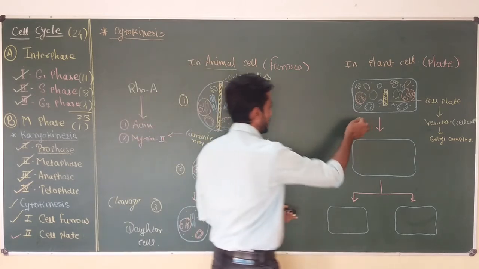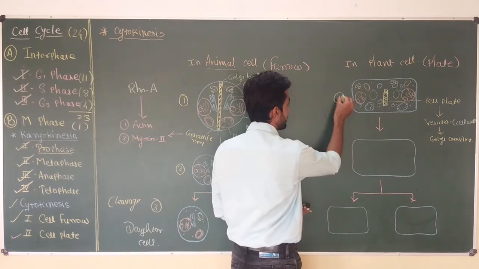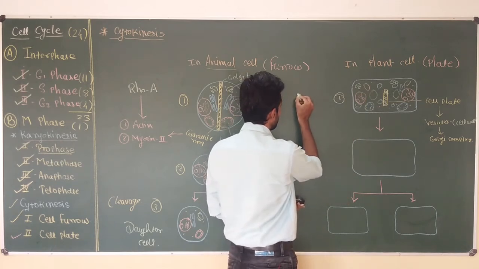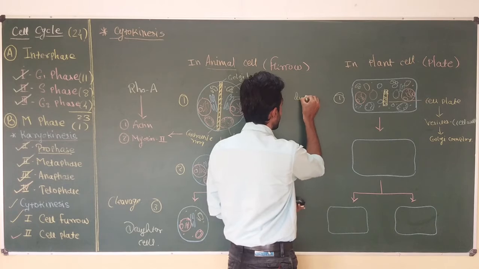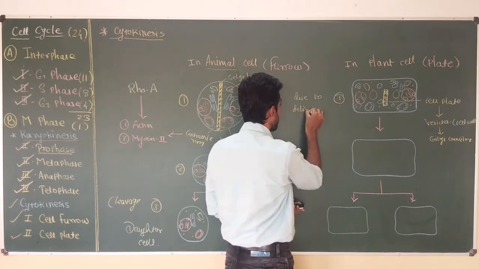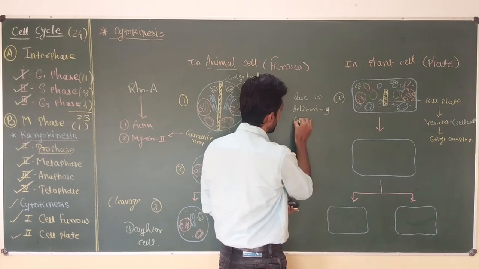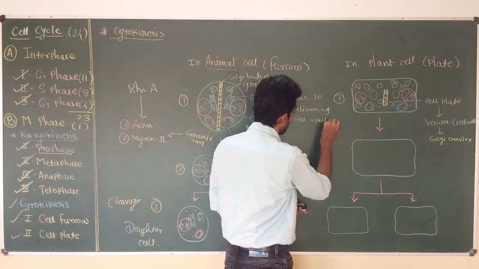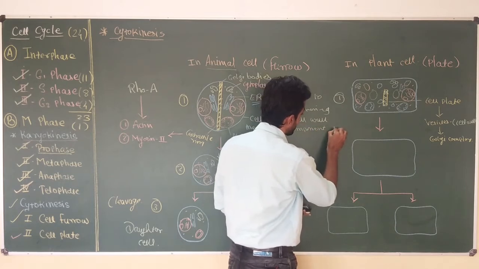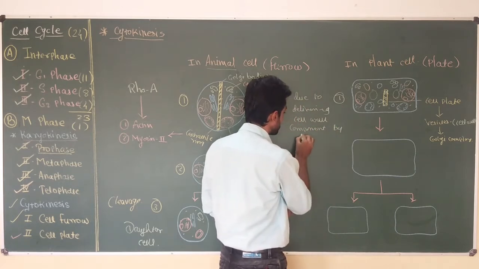Okay, we can write the first stage of plant cell plate formation, which generally occurs due to delivering cell wall components by Golgi bodies.